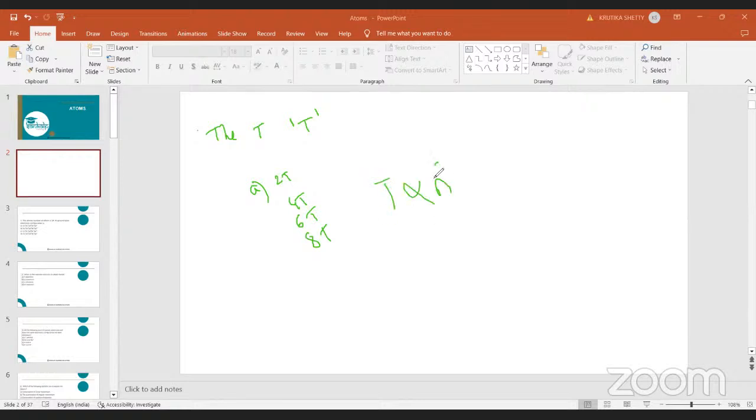Here n is equal to 2, so it is 2 cube, which is 8. Therefore option D is correct. This was asked in 2018.